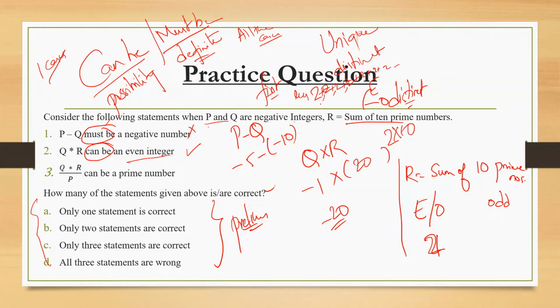Are you getting this, Raghavan? That is, if 2 is repeated 10 times, that is 20. Okay, so here QR will become -20. So -20 is an even integer.